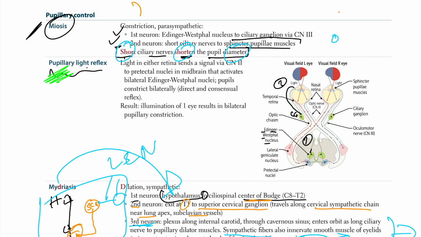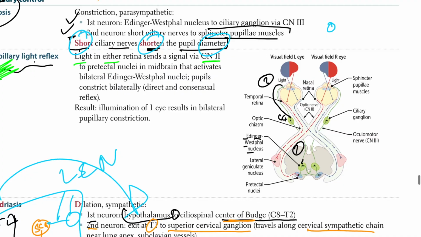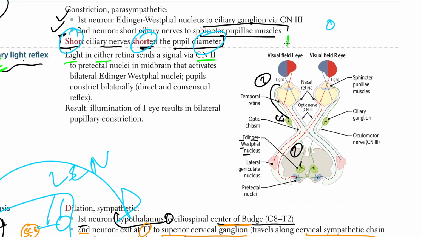Pupillary light reflex is light in either retina, send signal via cranial nerve 2. So let's say the light is here. Let's just give an example. We shine the light here. It's going to go from retina, this is retina all the way back there, on both sides. It's going to go from which nerve? Cranial nerve 2.